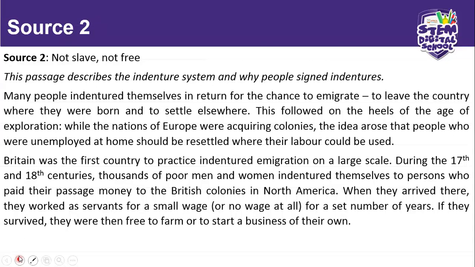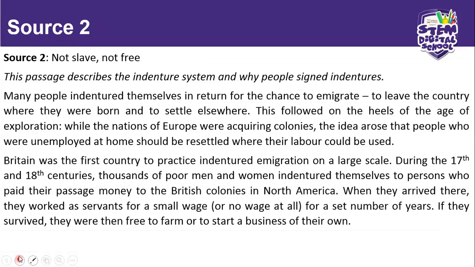And then we go to source 2. Not slave, not free. This passage describes the indentured system and why people signed indentures. Many people indentured themselves in return for the chance to emigrate, to leave the country where they were born and to settle elsewhere.